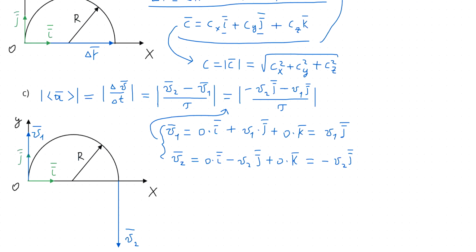And it can be written in a simpler way. It can be written as minus (v2 plus v1) multiplied by j and divided by tau.